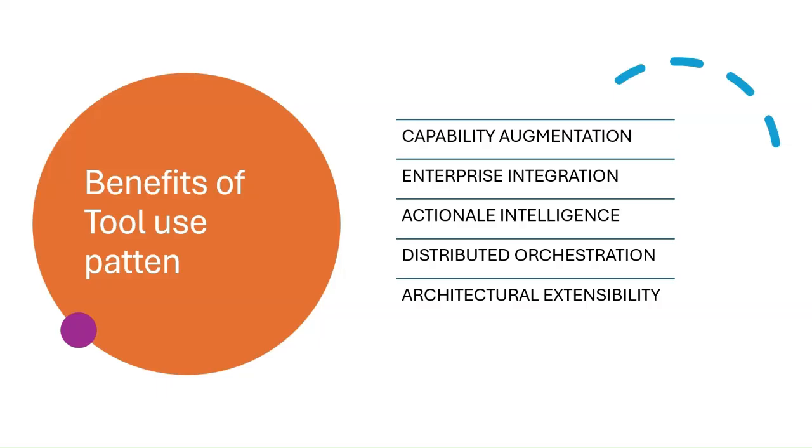In summary, the tool use pattern transforms an LLM from a conversational interface into an intelligent enterprise agent by extending capabilities, integrating with business systems, enabling actions, orchestrating workflows, and supporting future growth. It provides a foundation for building scalable and impactful AI solutions.